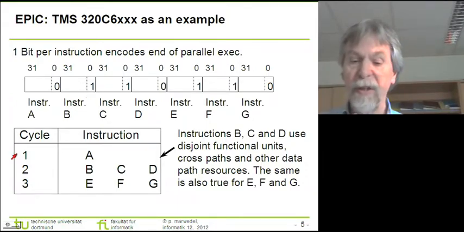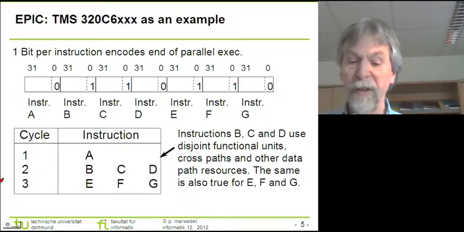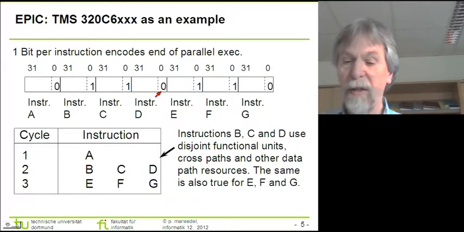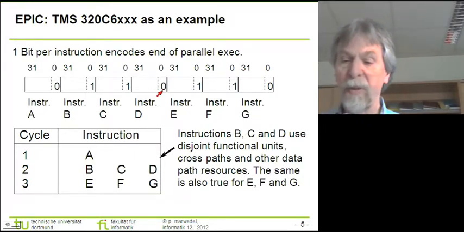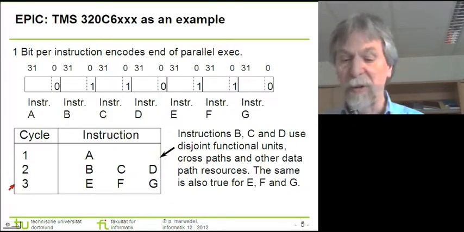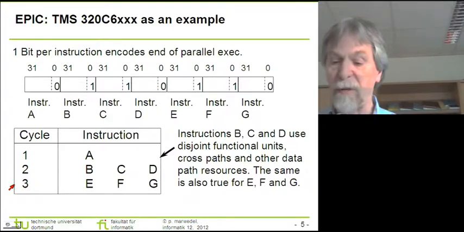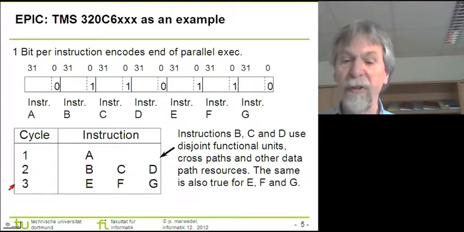So as a result, in the very first cycle, we will be starting just instruction A because there is a 0 there. And for the second cycle, we will be starting instructions B, C, and D. And this is then the end of the parallel execution there because there is a 0 there. And then in the third cycle, we will be starting the execution of E, F, and G. So in this way, we don't have to encode these no operations anymore.